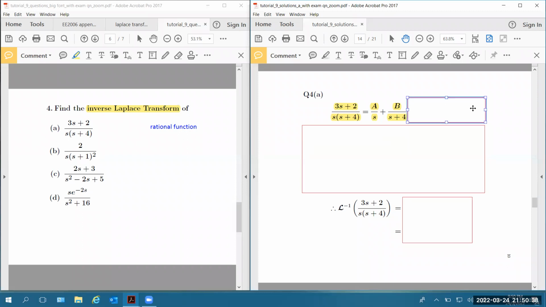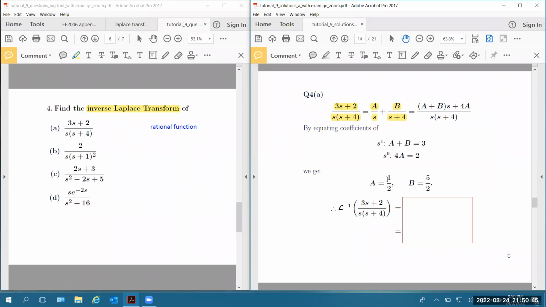I think you learned partial fraction in secondary school. Depending on how you learned it, some of you may equate coefficients.